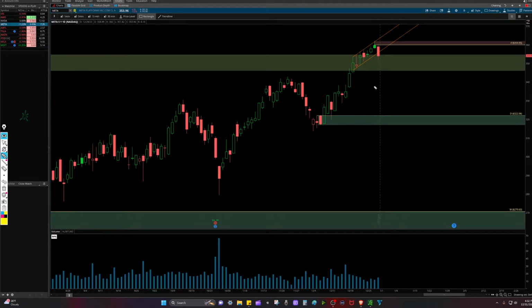So the next time it comes down here to test these levels, we can say there could be some buyers who will hold this price, who want to buy at this point again, or the people who tried to sell around here are going to buy to cover.